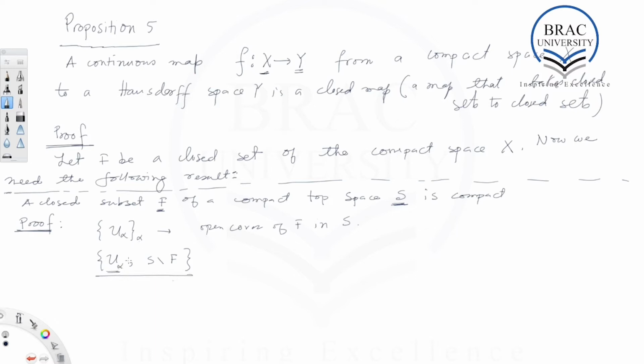You take all those open sets and attach this new open set, S minus F, which is of course open in S. Then this is going to cover the whole topological space S, an open cover of S. So by the compactness of S, there is a finite subcover, right?